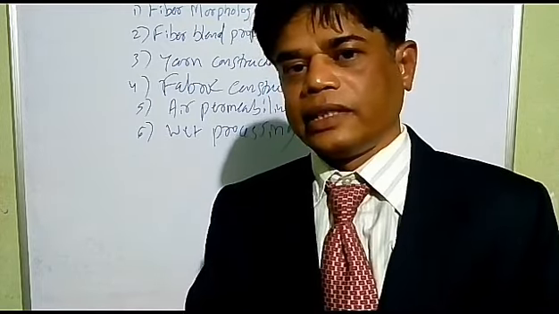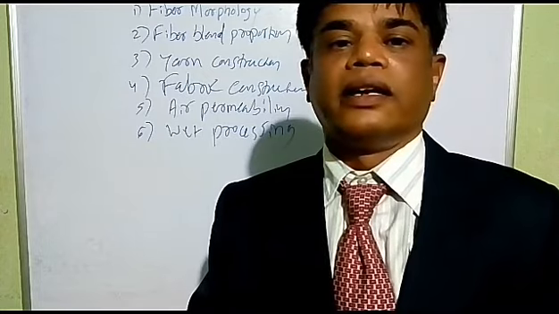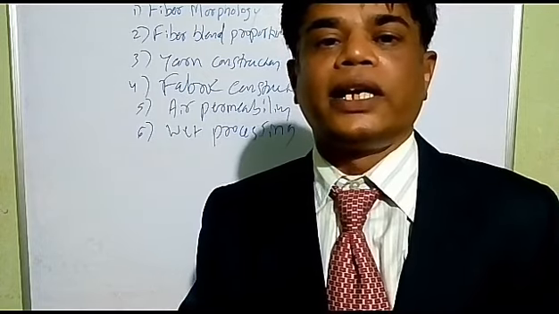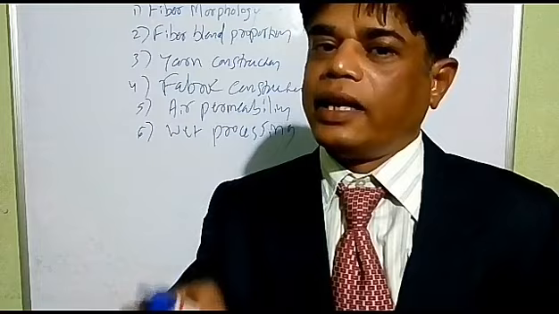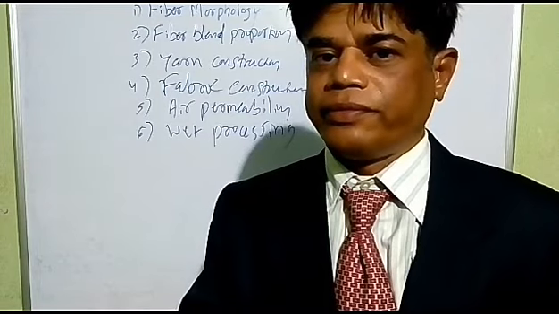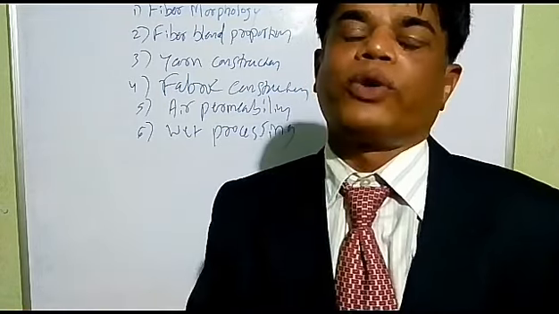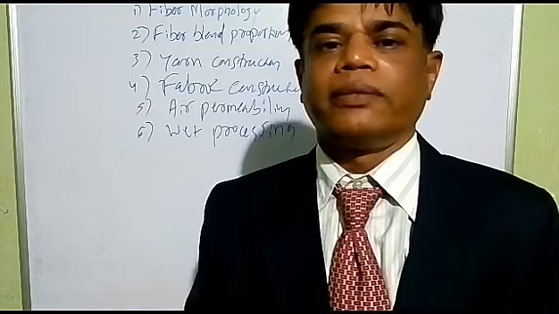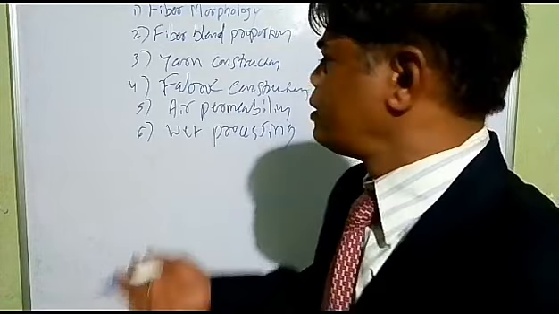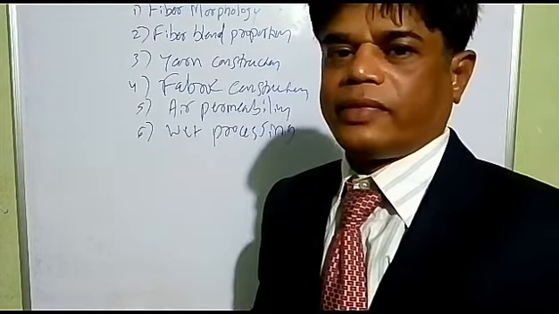All these finishes are done with a solution in liquid form. The fabric is processed in a solution of chemicals, maybe dyes or finishing chemicals, whatever it is, a solution. That is wet processing. How does it influence breathability?